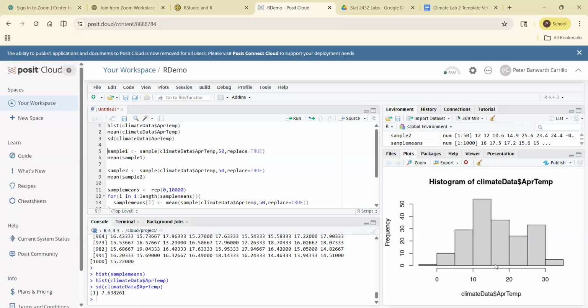And that can make sense, right? If you start here at 13 or 16 and you go up 7.5 and another 7.5, that gets you up around 30. If you go down 7.5 and 7.5, that gets you around 0.